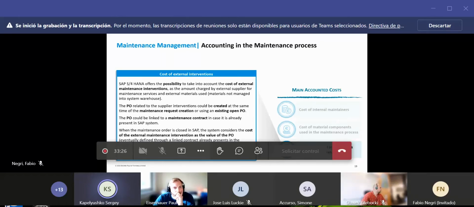So the question to my colleagues for Mexico, for Germany, for UK and Scotland is whether the maintenance is done externally as well as internally. So if you have suppliers which provide time and material services externally.